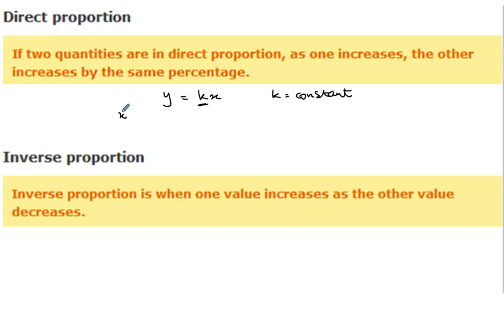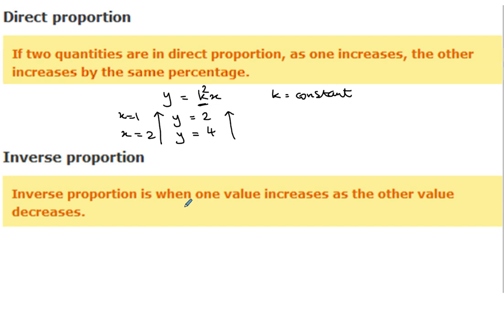If x equals 1, and let's say k was 2, so y equals 2x. If x is 1, then y would be 2, and if x becomes 2, then y will be 2 times 2, which is 4. So you can tell they're in direct proportion because when x goes up, y goes up as well.